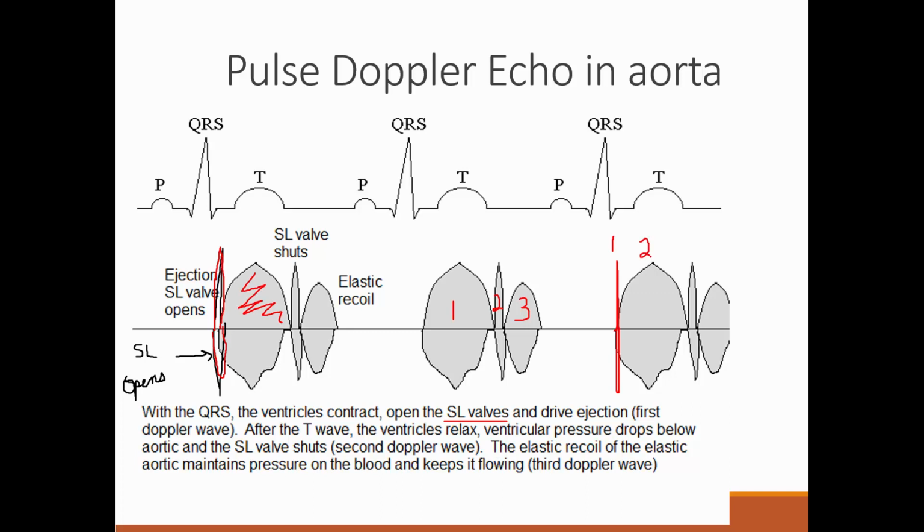This is 2, ejection. This is 3, closing the valve. This is 4, elastic recoil. And these are the 4. We wouldn't expect to see any more than that in a healthy valve, but those are the 4 sound signals that one could see if you put the measuring pulse at the aortic valve.